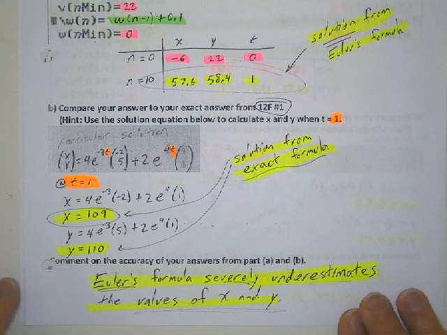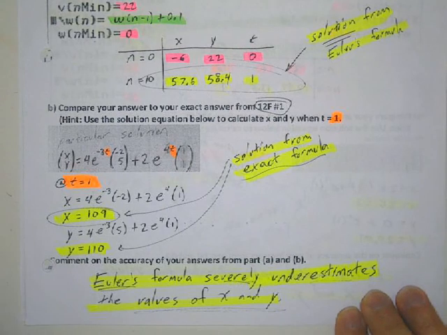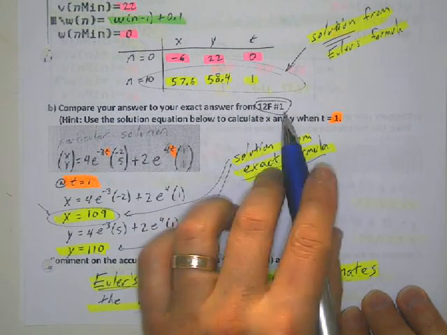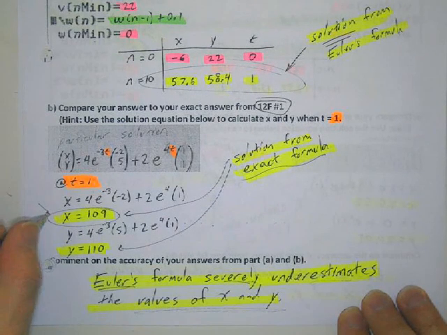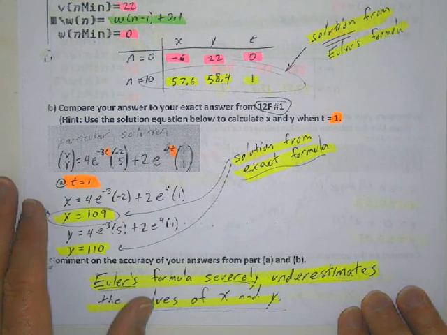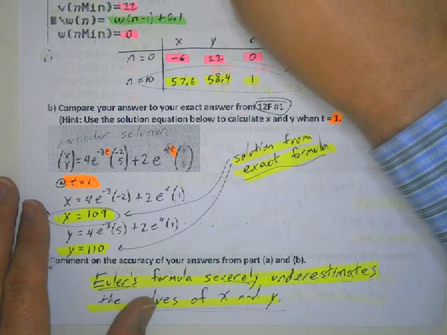So which one's better? If you want a really exact answer, then you're going to be doing what we did on 12F. If you're just wanting super approximate, then sometimes Euler's method is close, as you'll see in a later example.